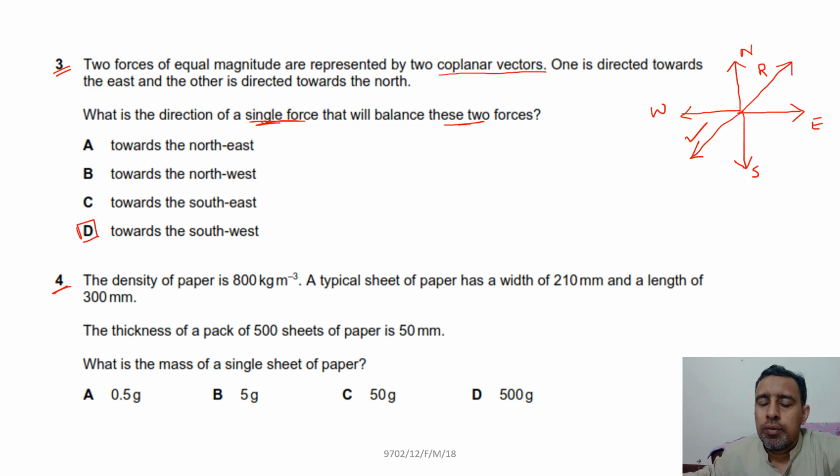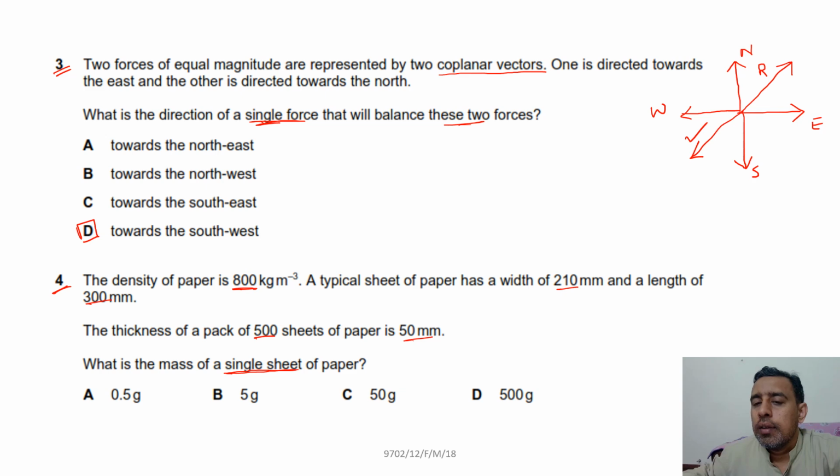Now for question number 4, the density of the paper is given. A typical sheet of paper has width 210 and its length is this one. In this book we have 500 sheets and the thickness is 50. What is the mass of a single sheet? Not the mass of the whole book is required.